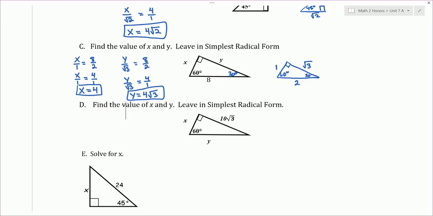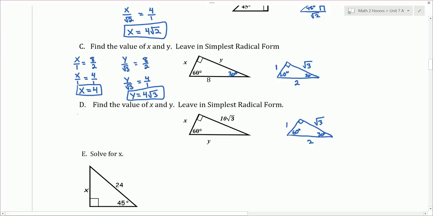Part D, again we have a 30, 60, 90 right triangle. I'm going to draw another 30, 60, 90 right triangle that's similar to this one, but one I know the side lengths of. Again, the smallest side is 1, the largest side is 2, the side in between across from the 60 is root 3.